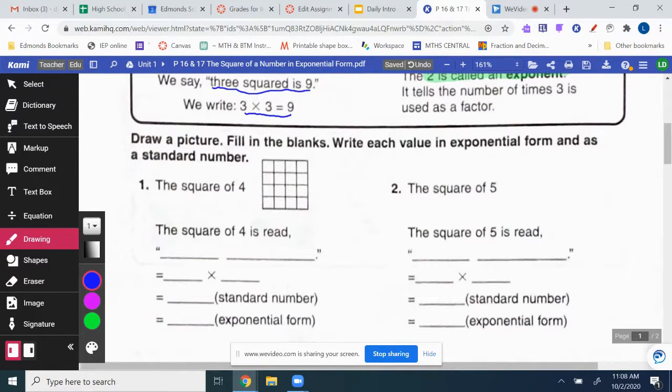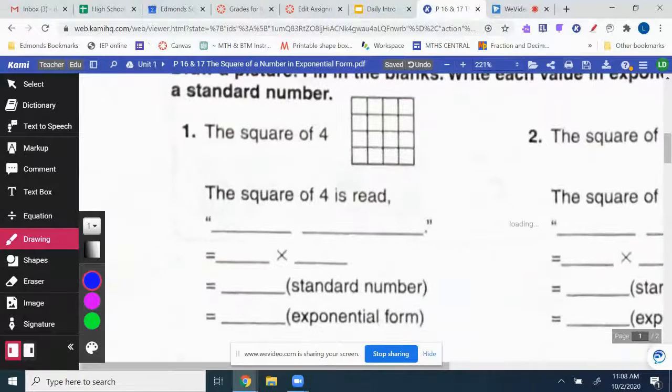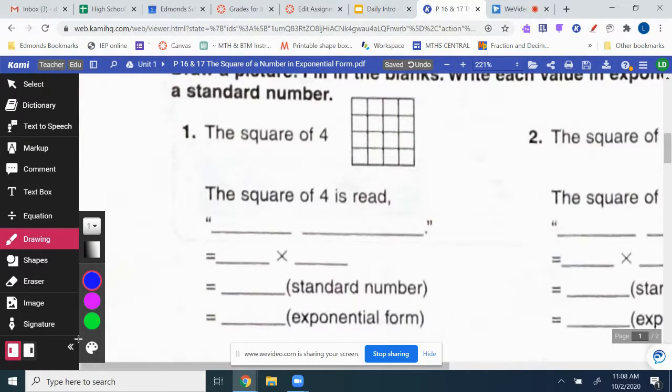Let's go take a look at the work that's going to be assigned for us today. I'll do the odds, you will do the evens. The square of 4. The square of 4 is read as 4 squared, or 4 times 4. The standard number just means the number that we write down, which would be 16.